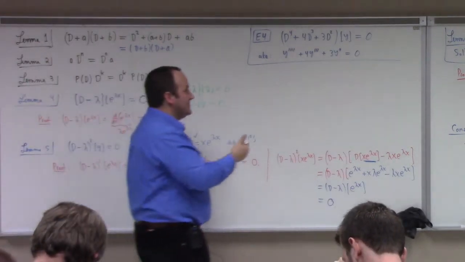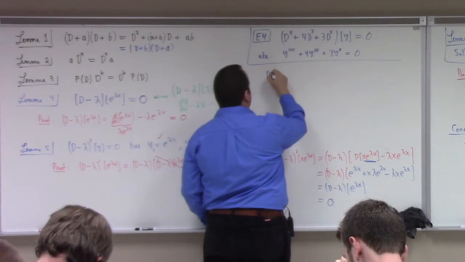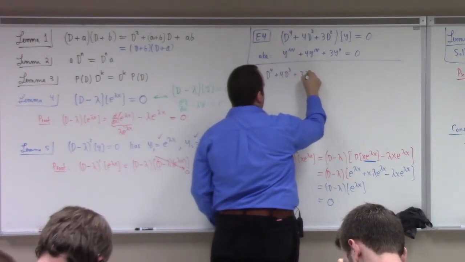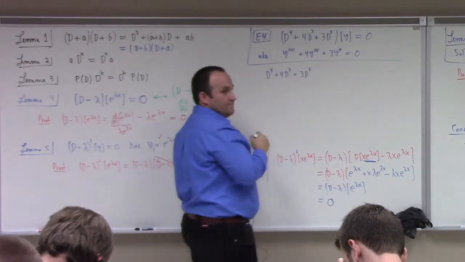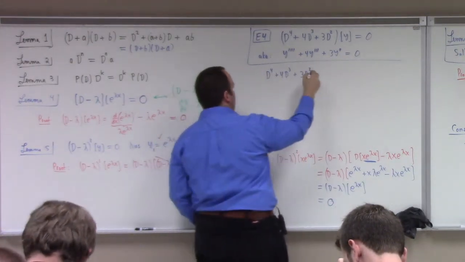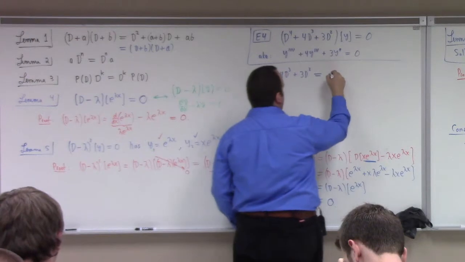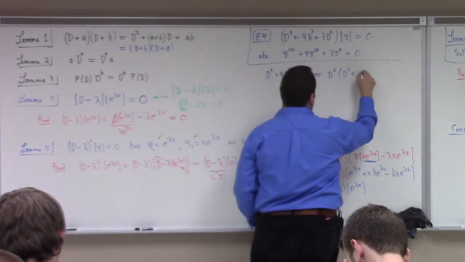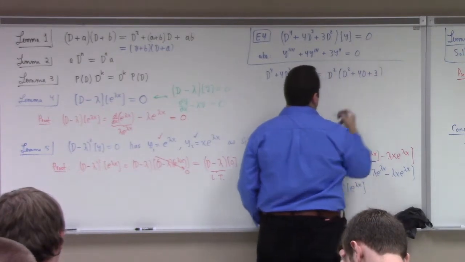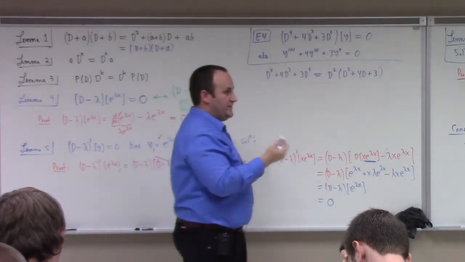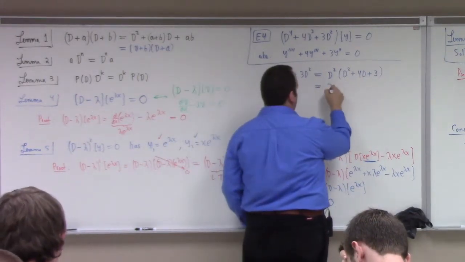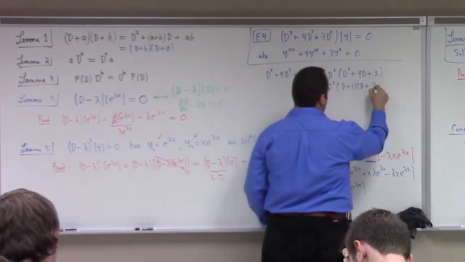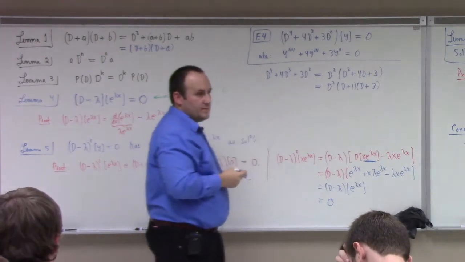Here's the way we do it. We say, aha, D to the 4th plus 4D cubed plus 3D squared is equal to D squared times (D squared plus 4D plus 3), which is equal to D squared times (D plus 1) times (D plus 3).